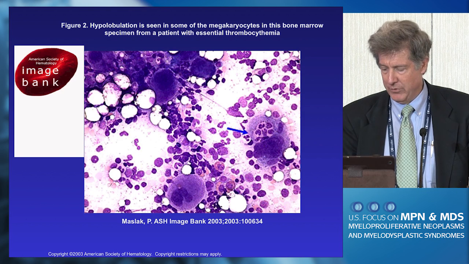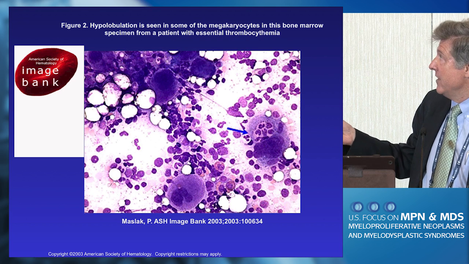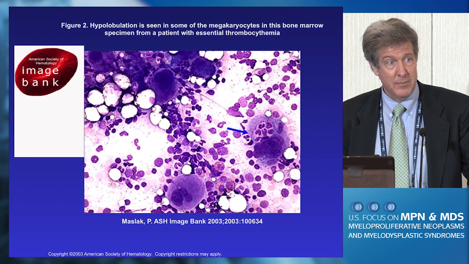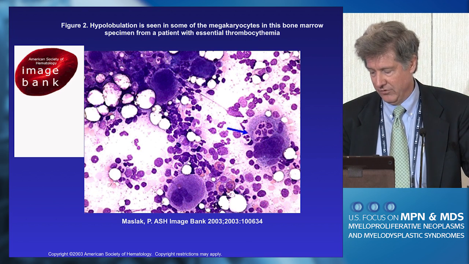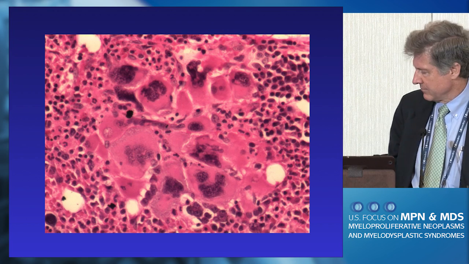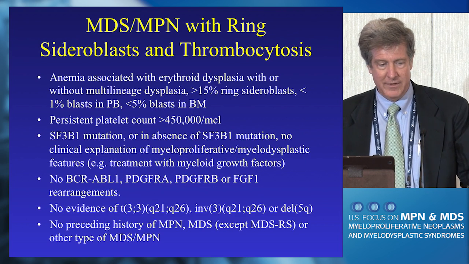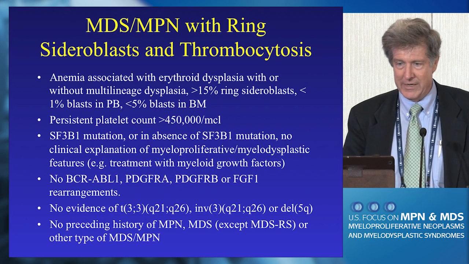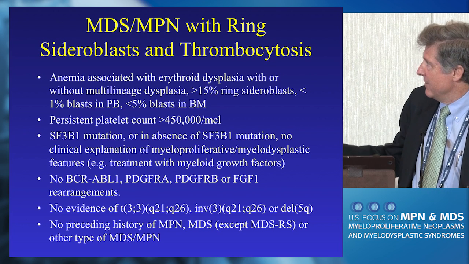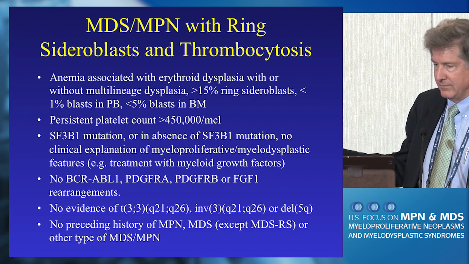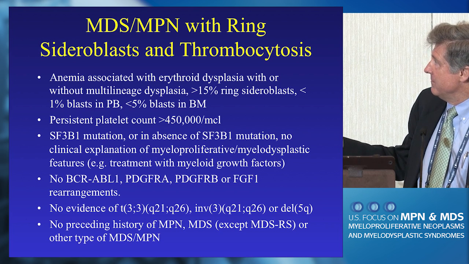And just to point this out, in essential thrombocythemia, the megakaryocytes are typically clustered, and you see a range of megakaryocytic maturation, including hypolobulated forms, which many pathologists will describe as dysplastic. As an example, in the entity known as MDS-MPN with ring sideroblasts and thrombocytosis, that's characterized by SF3B1 mutation.